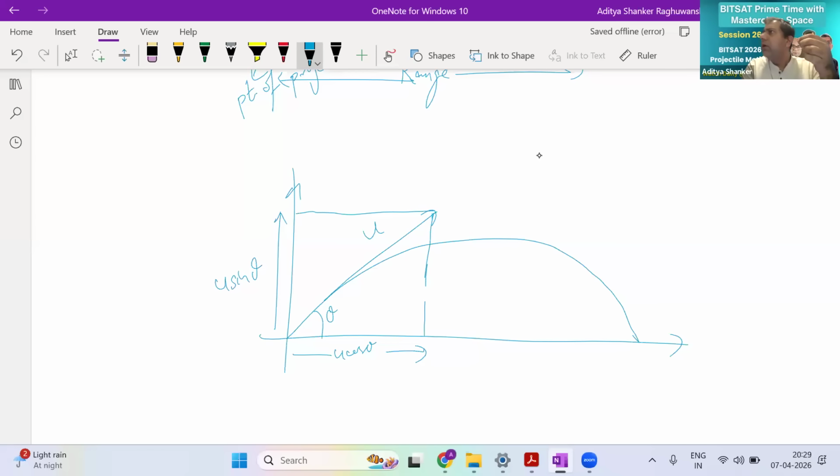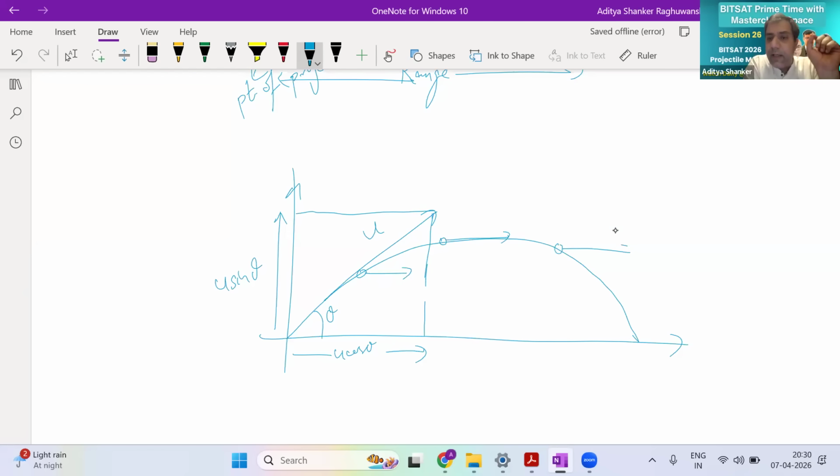Now, what I mean to say is that this u cos theta is not going to experience any gravitational force. So basically, in the horizontal direction, there is no acceleration due to gravity. It's there only in the vertical direction. So if there is no acceleration in the horizontal direction, this horizontal component will remain the same.